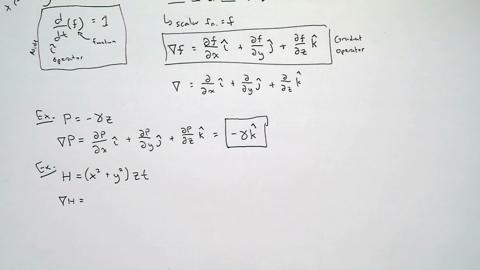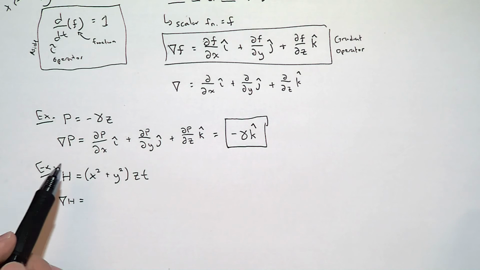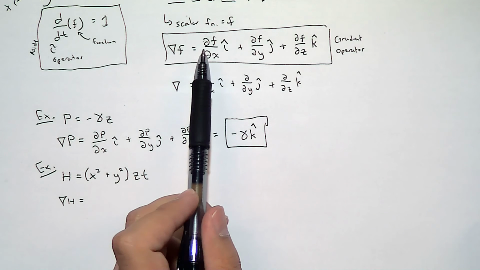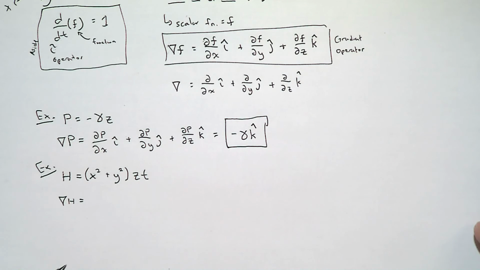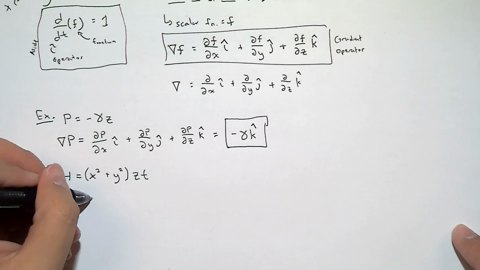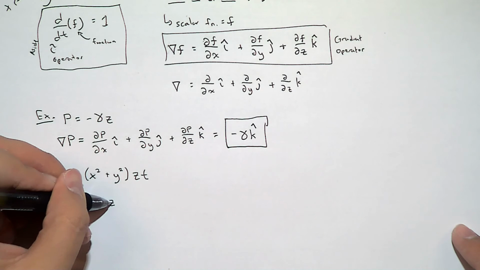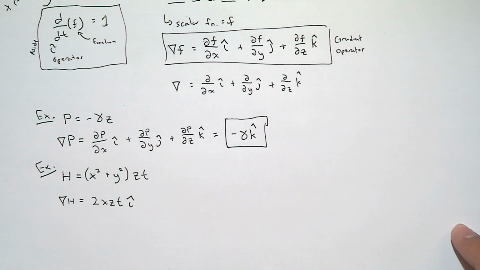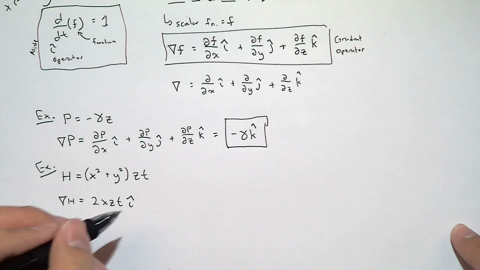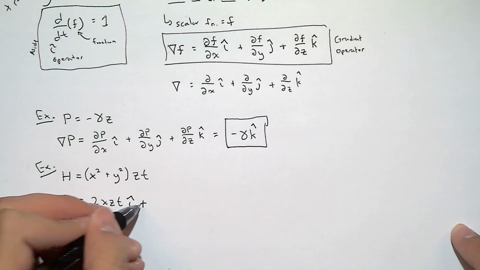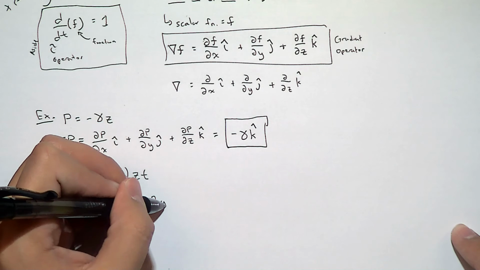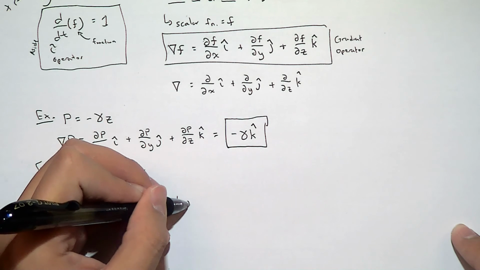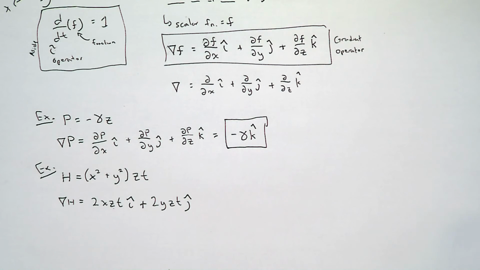It's going to be 2x dt. Okay, good. So we're finding first the partial derivative of the coefficient with respect to x, right? And we said that the partial derivative with respect to x is 2x zt in the x direction. What else? Plus 2y zt in the y direction.